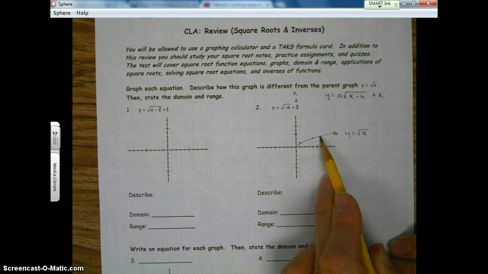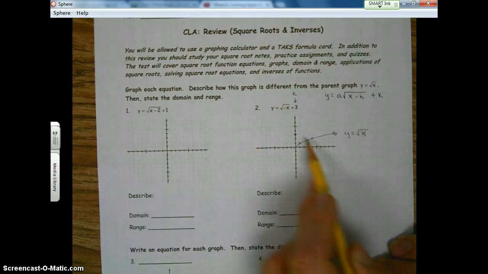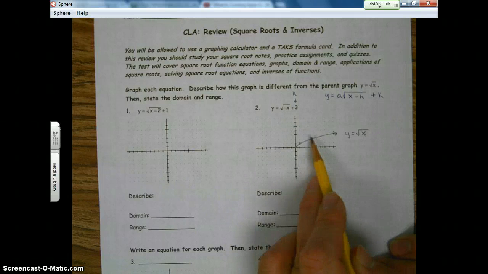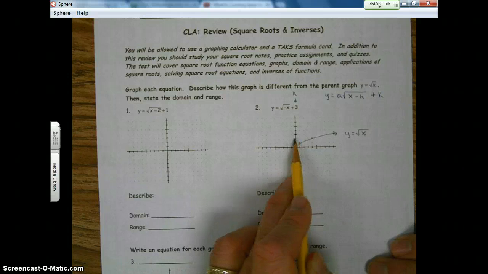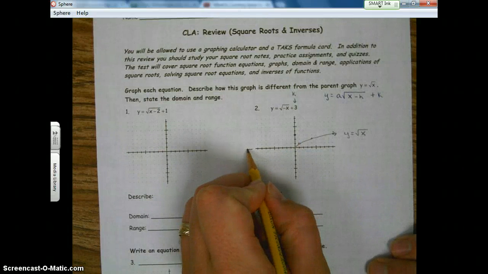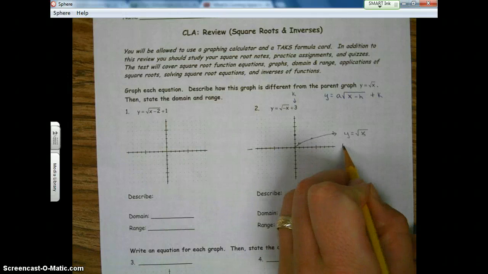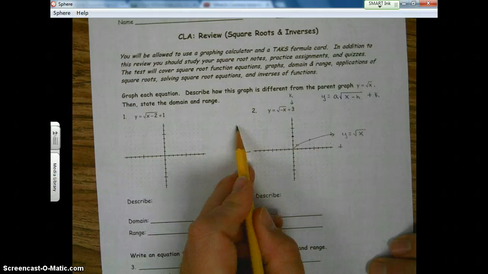So whether you're above or below, you still have positive x values. So let's go over the y-axis. Now, if the x values are positive here, what's going to be on this side? Negative. X values are negative here. X values are positive here. So we're going to go this direction.